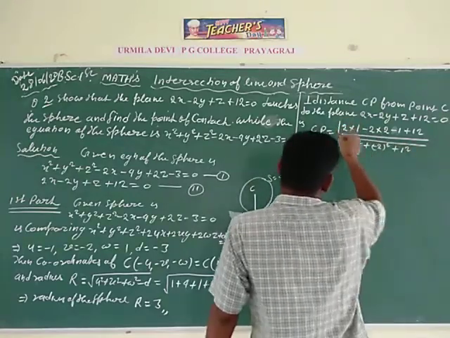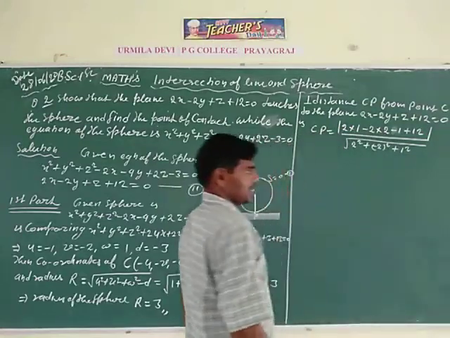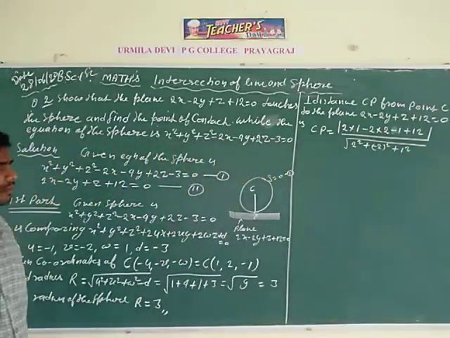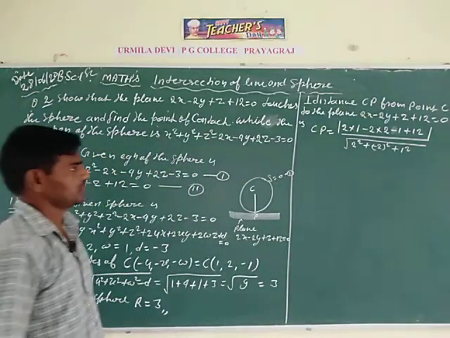Here taking mod form, because perpendicular distance is taken with positive sign, as it is a distance.